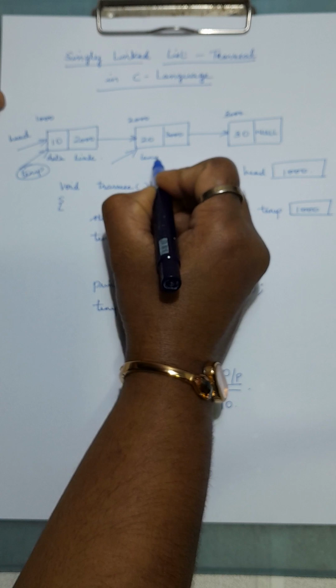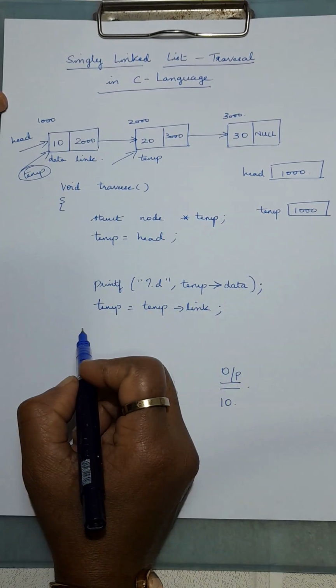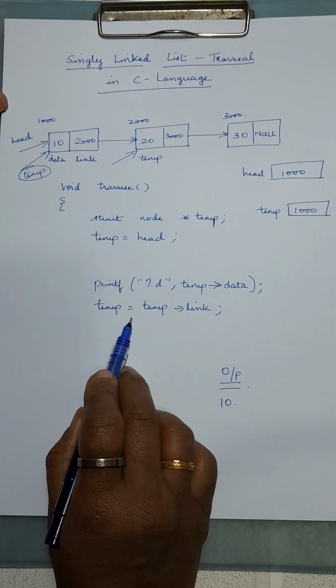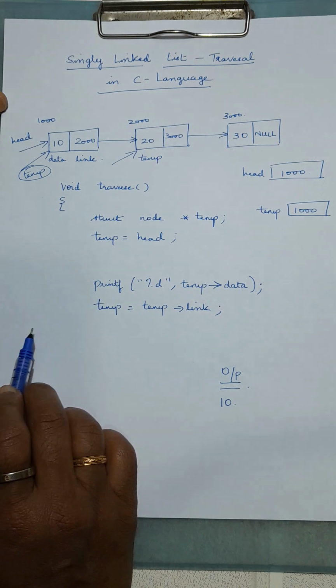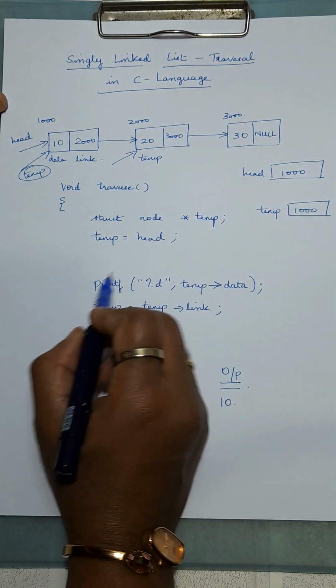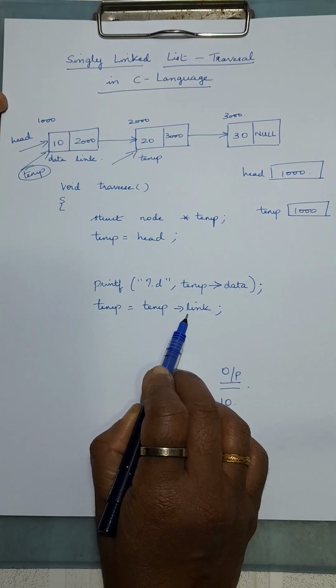to the second node. Okay, now these two lines will retrieve only the first data. So the same two instructions are to be executed for the remaining nodes, right, in order to retrieve the data after moving the temp variable. So we have to put this within a loop until temp is equal to null, because temp is equal to temp pointing to link.